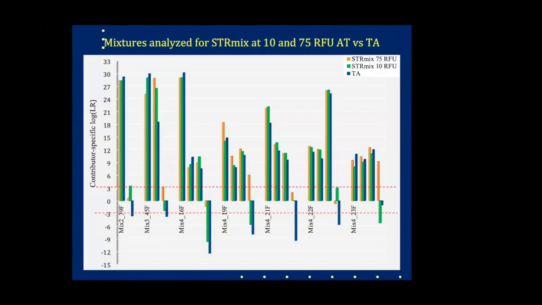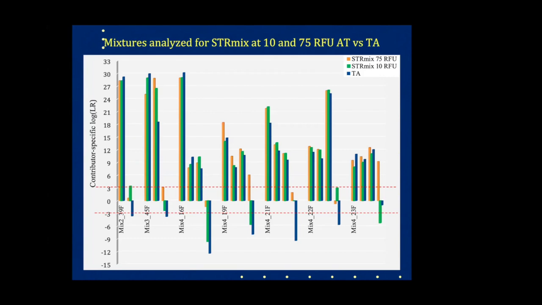The contributor-specific log LRs are listed on the y-axis, and the different mixtures are listed down below, with contributor 1, contributor 2, or 1, 2, 3, or 1, 2, 3, 4. STRmix with our normal analysis done in GeneMarker HID with our normal analytical threshold set at 75 RFU is in orange.